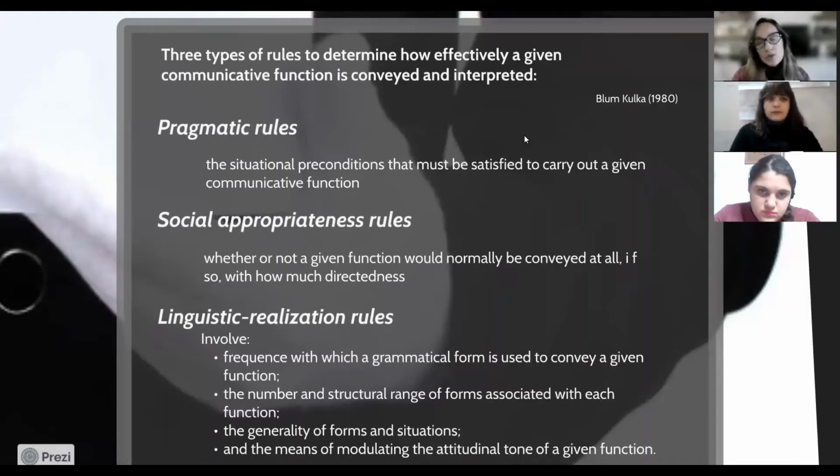There is usually more than one way of using the language for that. And then also we need to take into account the generality of forms and situations, right? All the variety that exists, and the means of modulating the attitudinal tone of a given function.